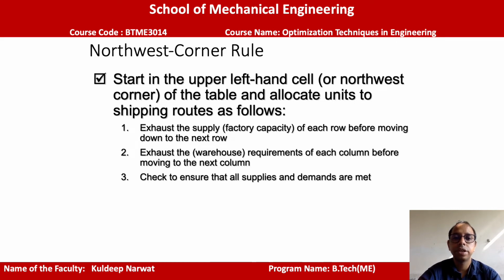Then we'll be checking that all the demands and supplies are met. That means if supply has been utilized and there are some values left in demand, suppose supply is 200 and demand is 300, we cannot neglect that. That 100 value also has to be used. So this is how we are going to solve. We'll see that on the next page.